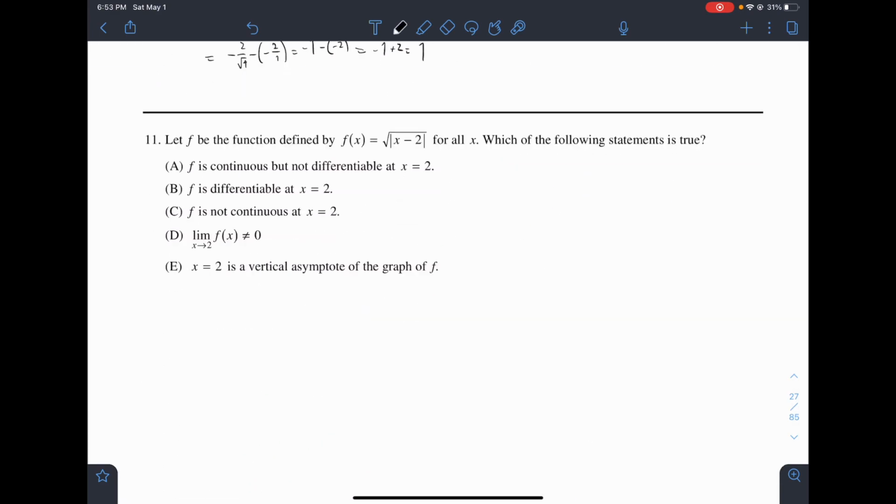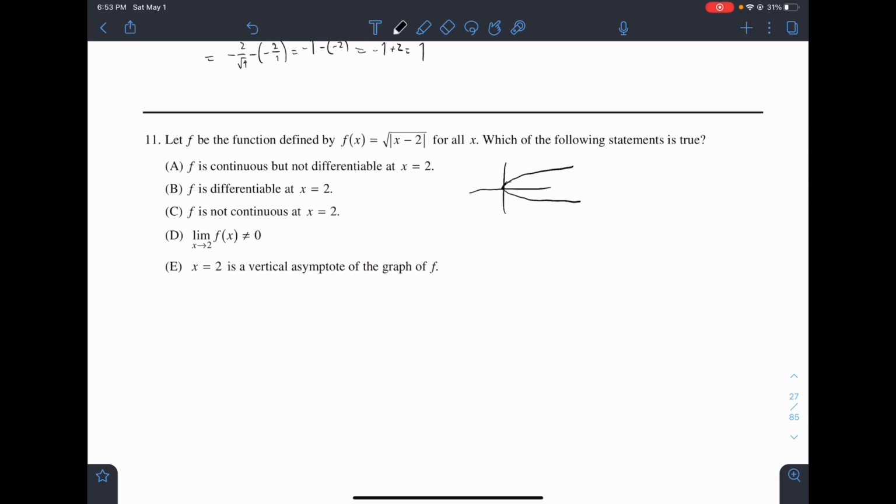So, 11. This function will be the square root of the absolute value of x minus 2. The square root function looks a bit like that, right? I'm not very good at drawing. But if we tried to continue it, it would be like this.